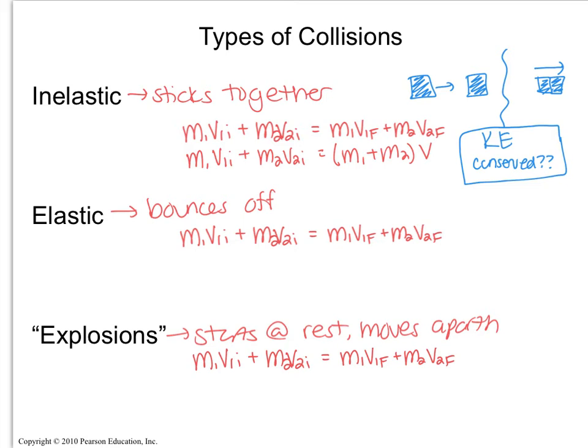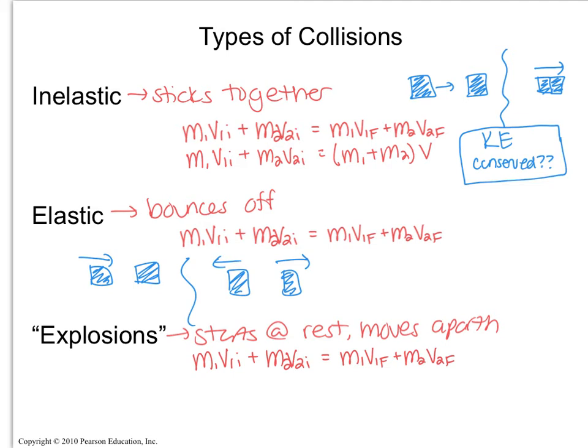My next type of collision is an elastic collision, which means when two objects collide, and once again, they can start moving towards each other, away from each other, or one's at rest. Instead of sticking together, they bounce off. Now, one of the really big misconceptions about elastic collisions is that they're going to break apart in opposite directions. This is not necessarily true.